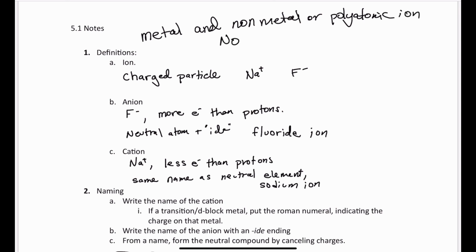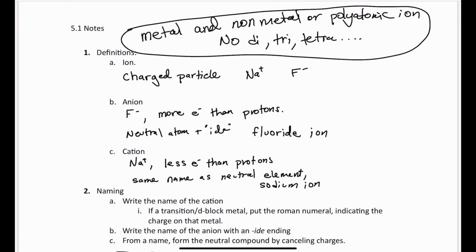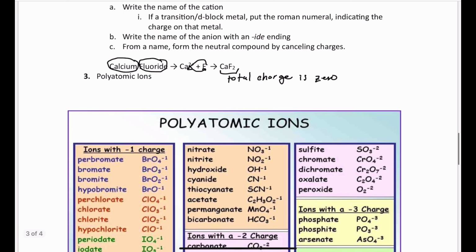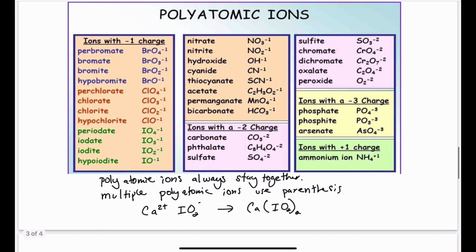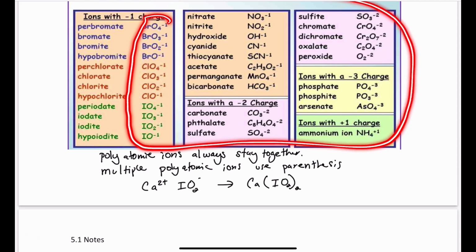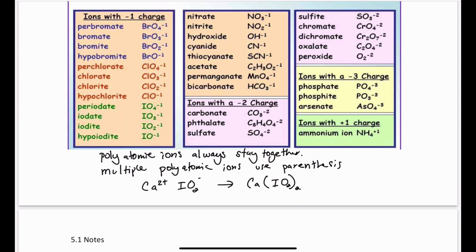There is no di, tri, tetra. This is not called calcium difluoride because it's a metal and a non-metal. And if you look at these, for the most part, these are all going to be non-metals.